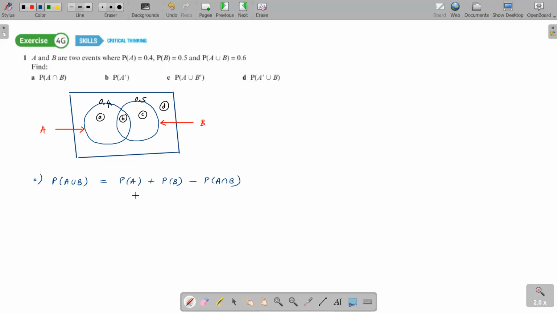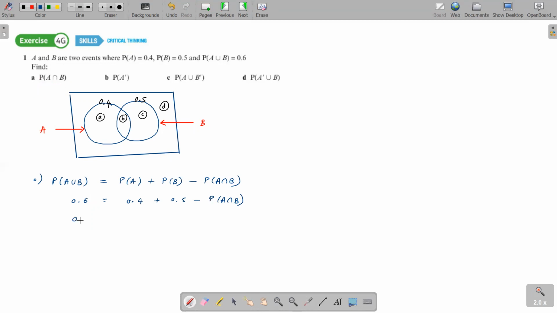Let's fill the values. Probability A union B is 0.6. Probability A is given to us, it's 0.4, plus probability B is 0.5, minus probability A intersection B, which is what we need to find. In part A, they are asking us to find probability A intersection B.